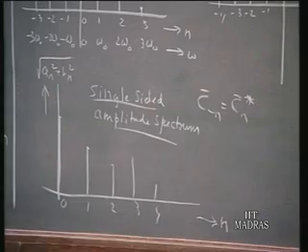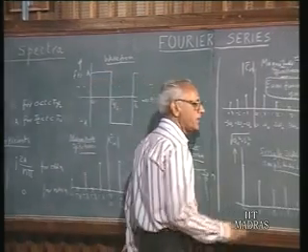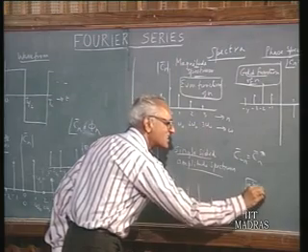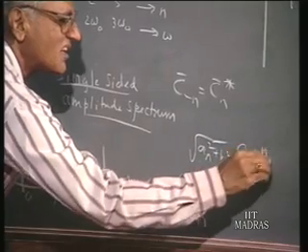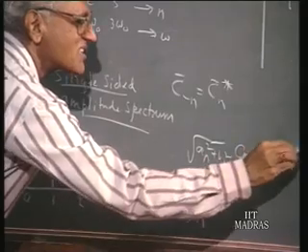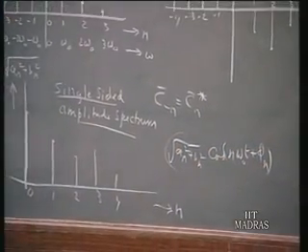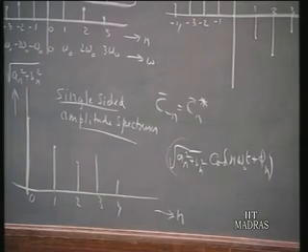Because what we are really plotting is the coefficient in the, you recall that the nth harmonic is represented by cos n omega naught t. So we are plotting this. There's an alternative.